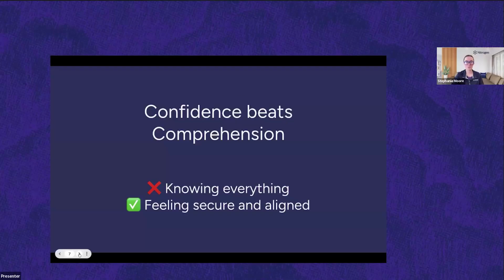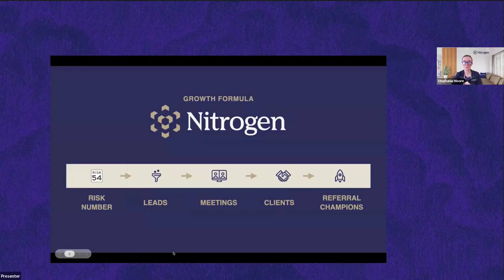And one thing that you can imagine in a workflow, as it were, is everything centering around that risk number. That's one of those common language components that you're going to incorporate by using Nitrogen. And so when you have leads and prospects come in, you conduct your meetings with them, you'll be better prepared to have those conversations and know what to talk about and when.